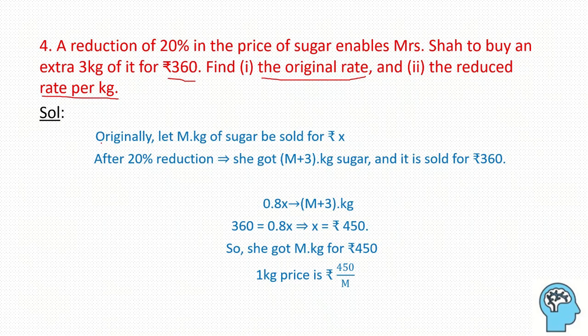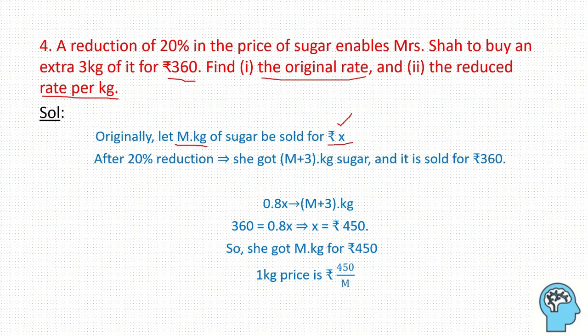So let's look at the solution. Originally, let m kg of sugar be sold for x rupees. You don't know what the original price is and you don't know how many kgs of sugar you're getting for that original price. So let's assume the price and even the quantity first.